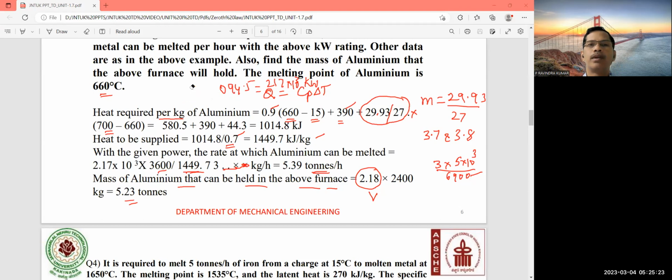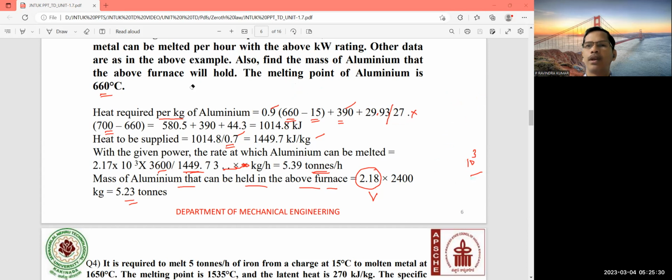Here there is no new formula used except only Q is equal to mCp delta T. So what are the basic fundamentals that you can apply to solve this numerical problem? This problem is especially the connection of two problems in the PK Nag textbook.